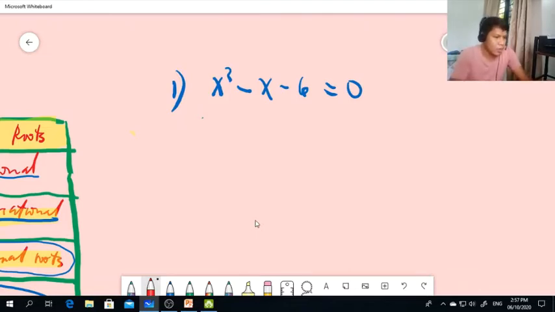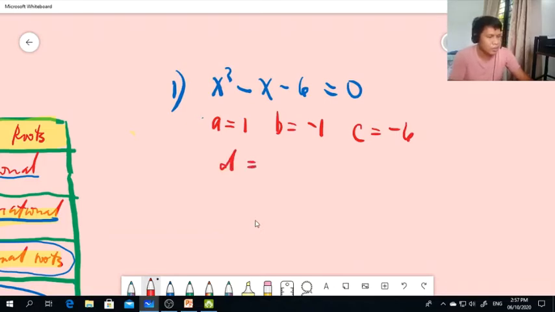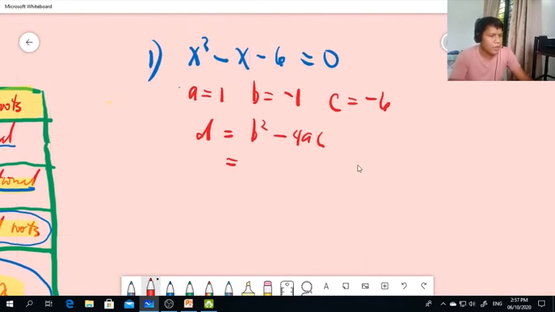Here, your a is equal to 1, your b is equal to negative 1, and your c is negative 6. Applying the formula, the discriminant of a quadratic equation is D, and that's equal to b squared minus 4ac. Then we substitute the values of a, b, and c to the formula.